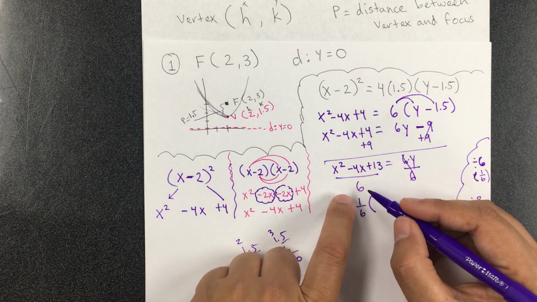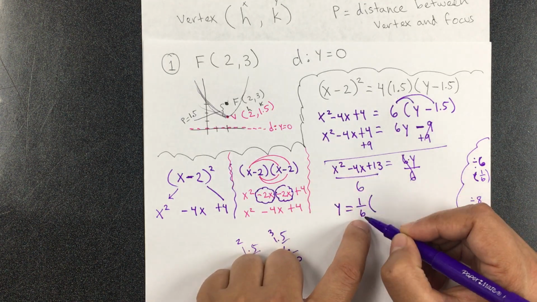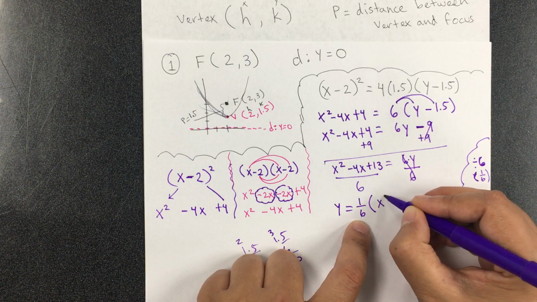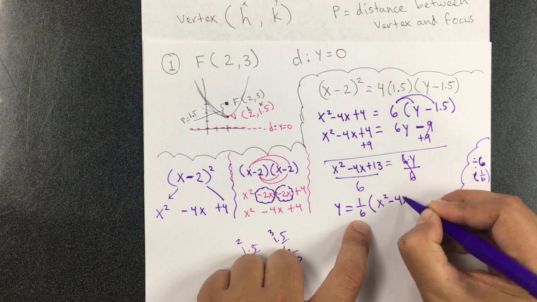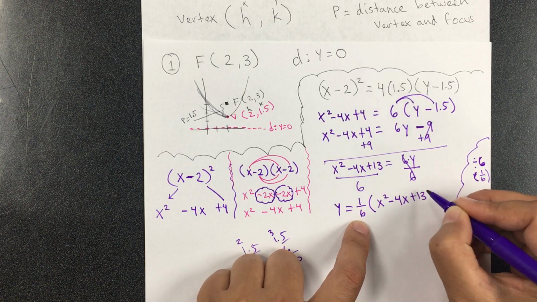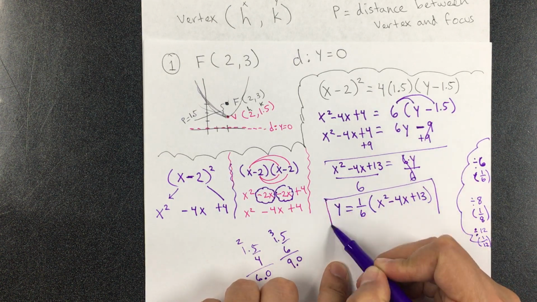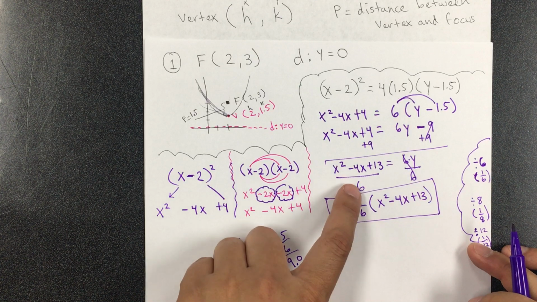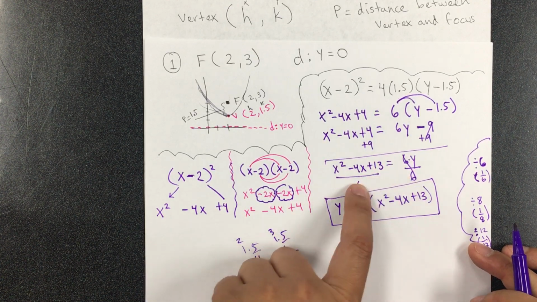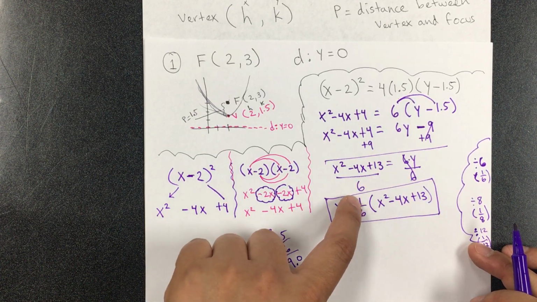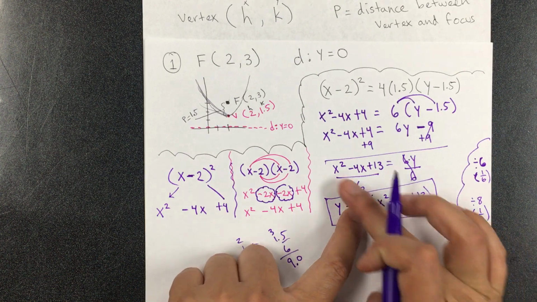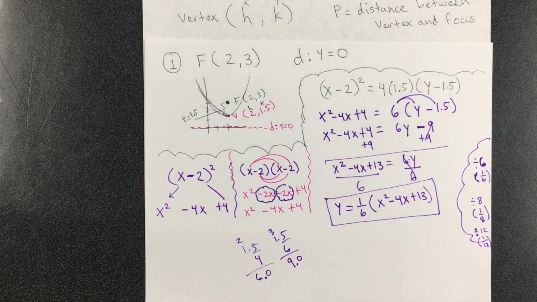Everything divided by 6 is the same as multiplying everything by that 1/6. Okay, so 1/6 times x squared minus 4x plus 13, and that's going to be your answer. You can just leave it like that. Again, we're dividing by 6, but we're going to put it as a fraction of 1/6 of that.